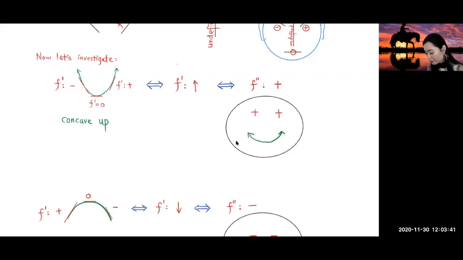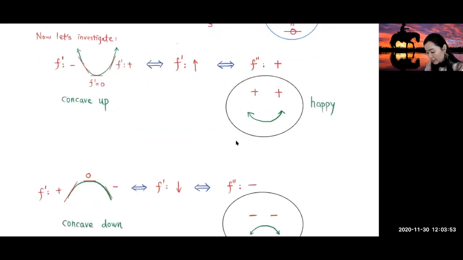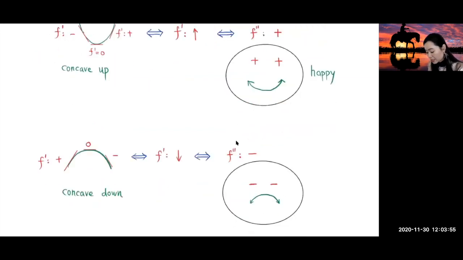So if the second derivative is positive, then the graph is concave up. So we have a happy face. Similarly, when the second derivative is negative, then we find that the graph of the function is concave down.